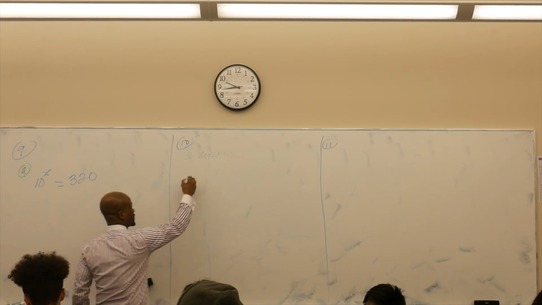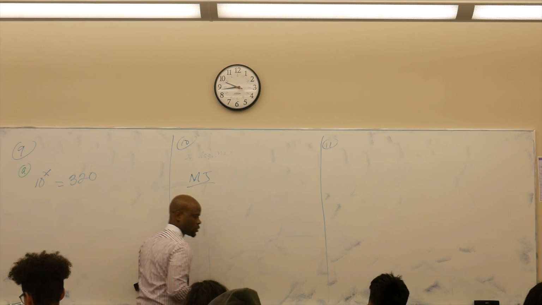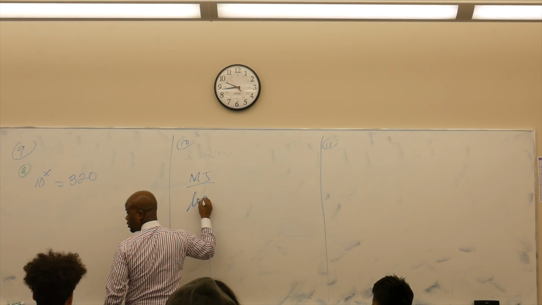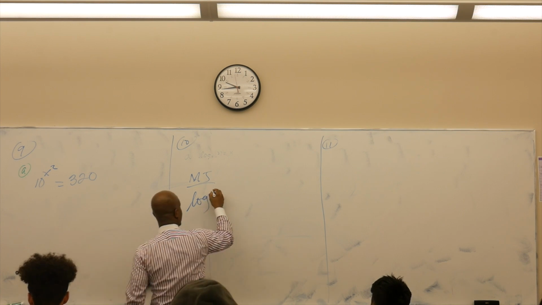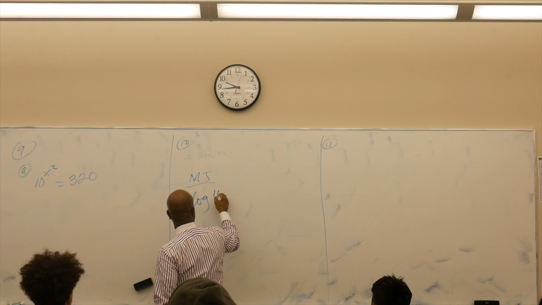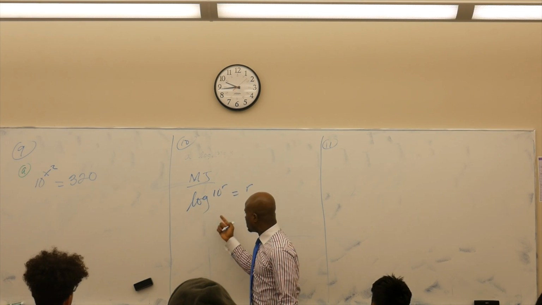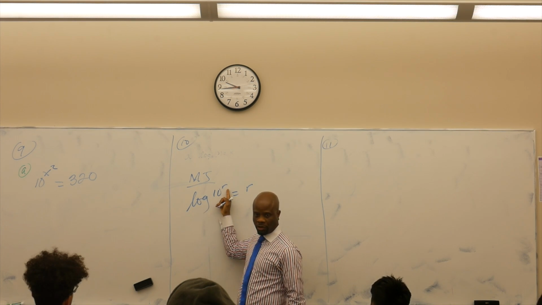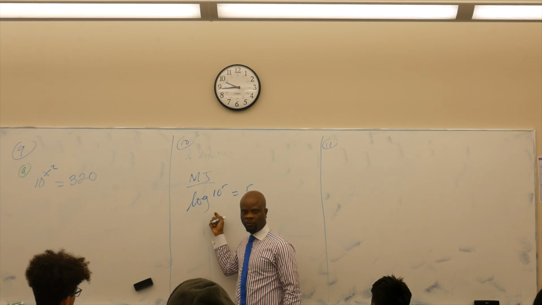Well, do you remember the time, because it's also in your book, where we said the log base 10, we don't have a base, it's base 10, right? Of 10 to anything is just that thing, right? Because the question is, what power of 10 will give me 10 to the r? Well, that power has to be r to get 10 to the r.